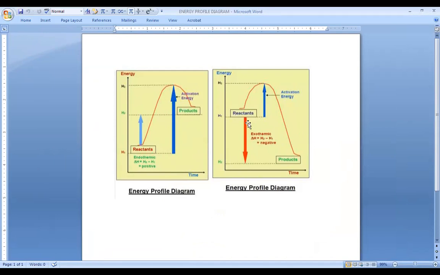While the right hand side diagram is called the exothermic energy profile diagram because reactants convert into products and during this conversion heat energy is released. That is why they are called energy profile diagrams. In endothermic, energy increases; in exothermic, energy decreases. Endothermic absorbs heat, exothermic evolves heat. Okay.